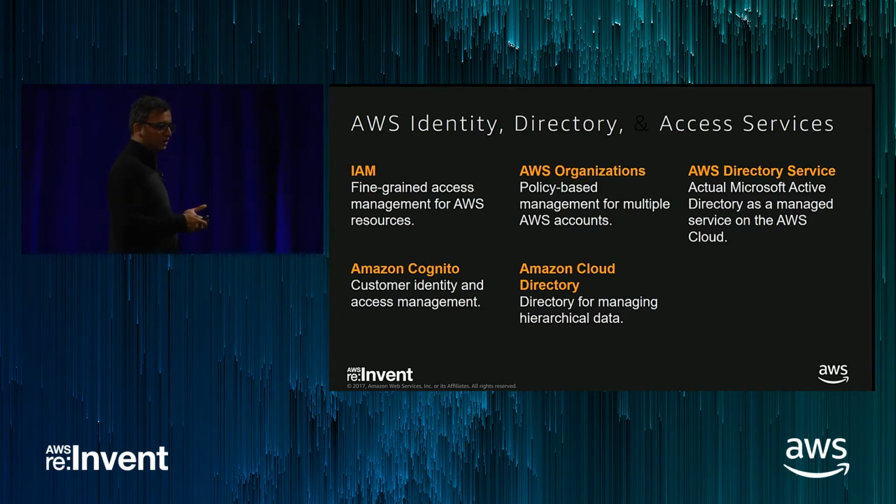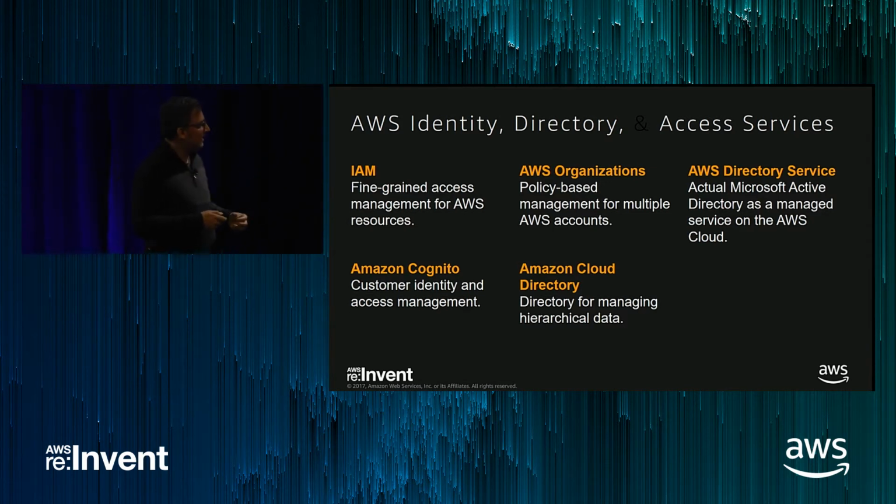It takes care of securing the data on disk. It takes care of appropriate authentication protocols and sign-up experiences. And it also enables you to federate social identities like Facebook and Twitter and so on. So if you're building a customer-facing application, Amazon Cognito is something that you should look at.